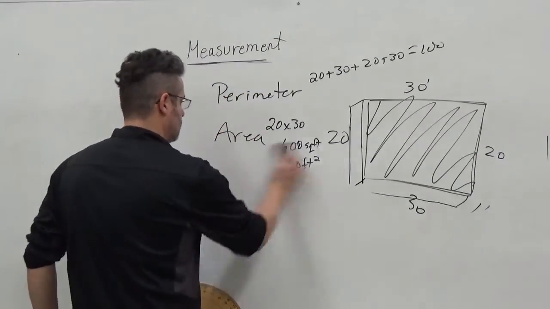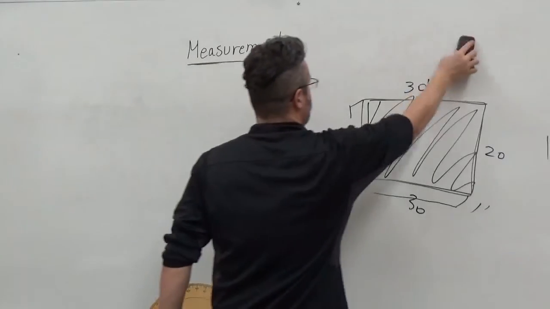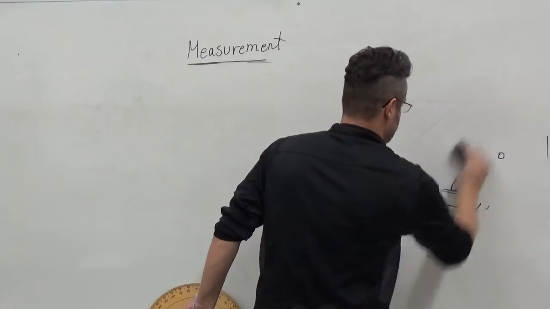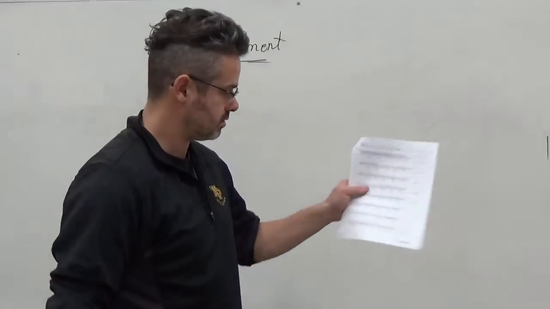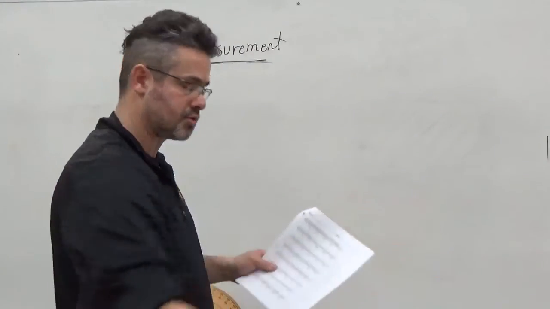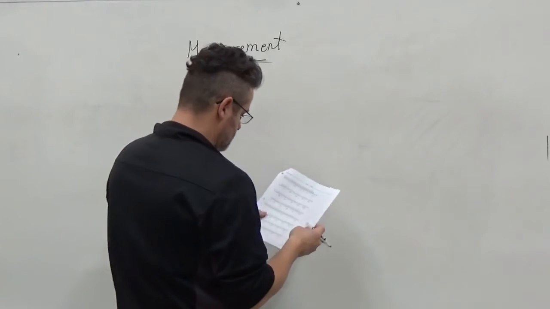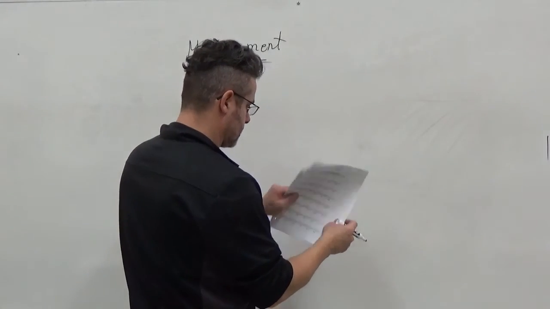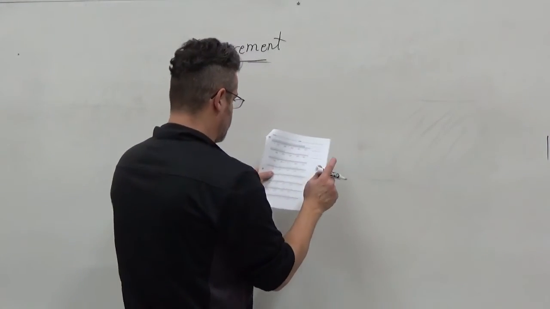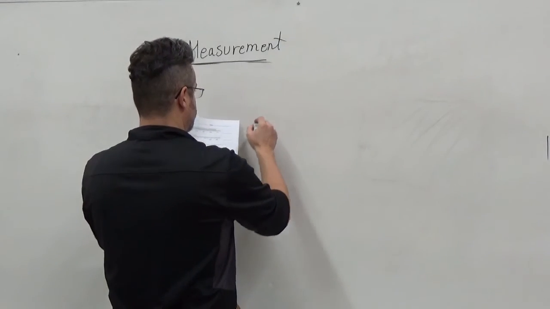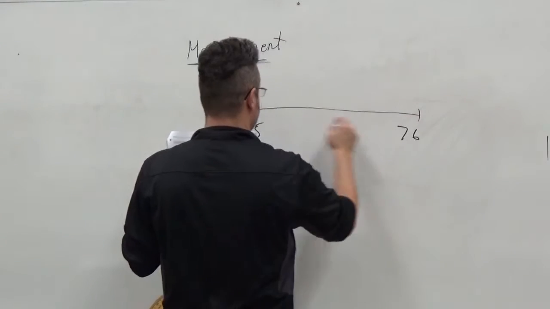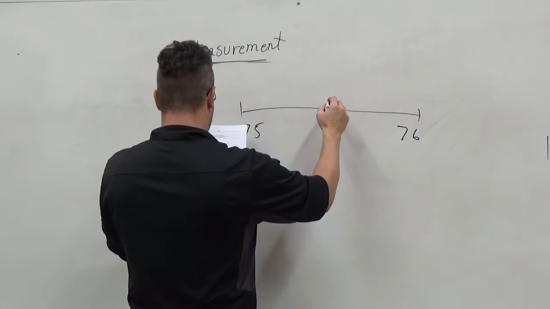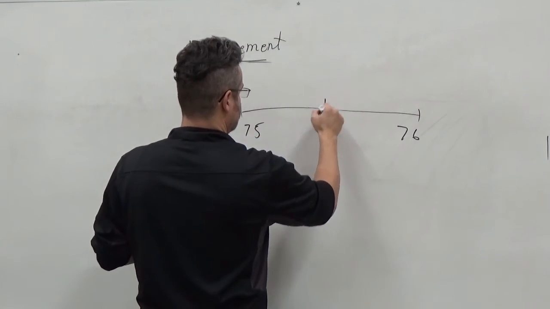We know how to do those three things because you've learned that in math already. That was just a review. So what happens if this little sheet has something that's bigger than 12, bigger than a foot? This is the first page, the fourth one down. It looks like it gets between 75 and 76 inches, about there.